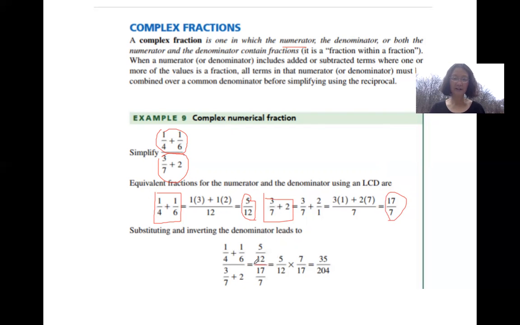Flip the second fraction, change the division to multiplication, and this is the final result. Again, make sure you do this by yourself. How do you go from here to the final result? It is easier said than done.